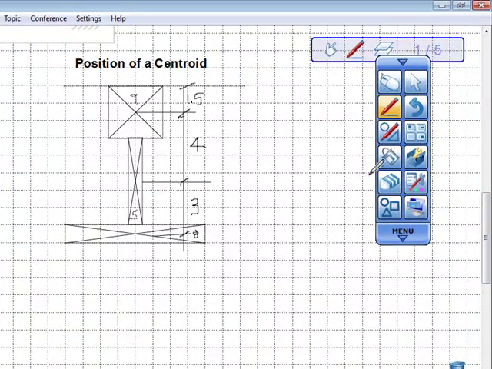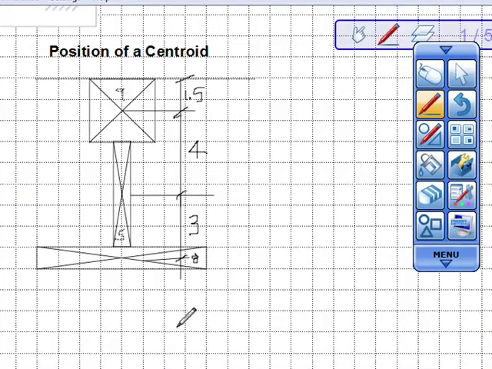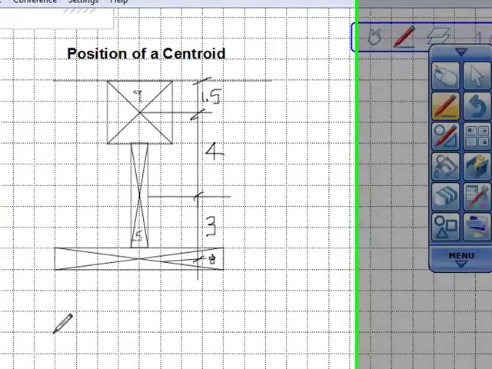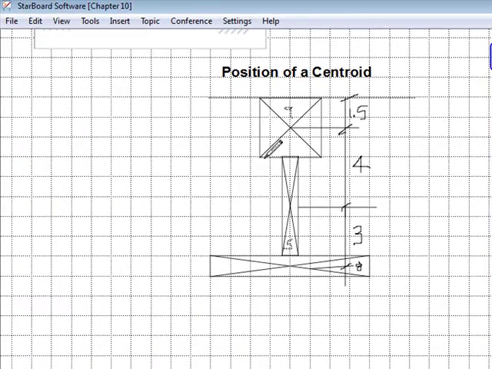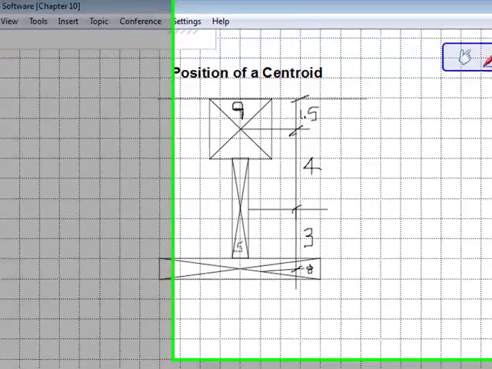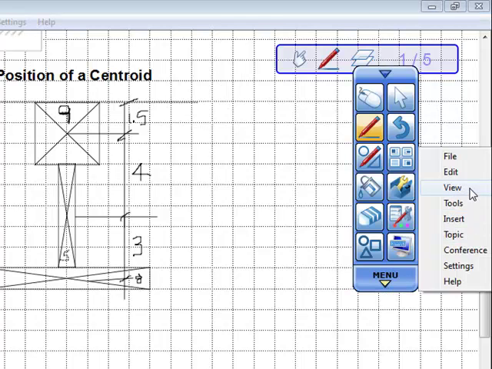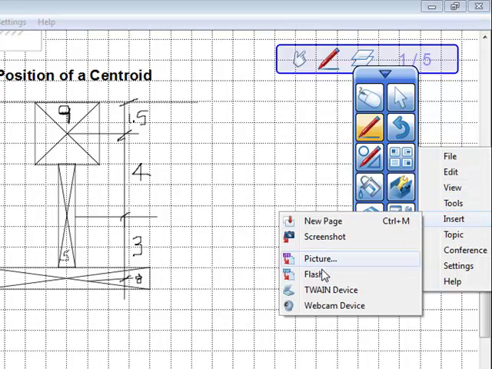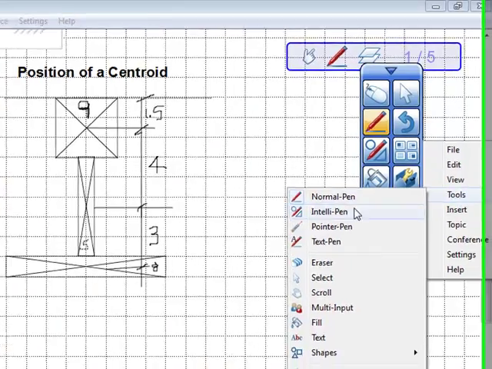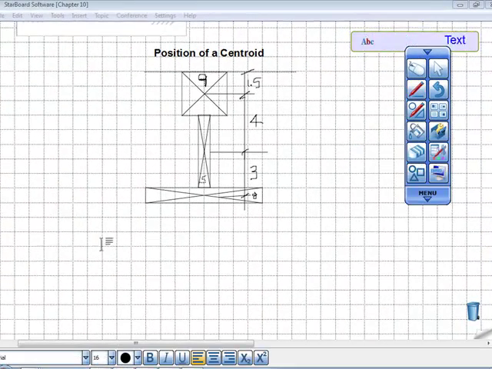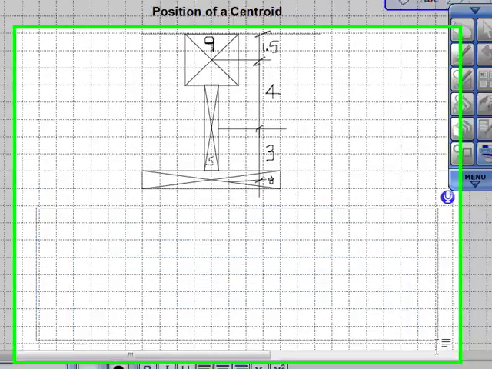So the way you do that is, you would say, this is 9 square inches. I wrote that there. And it's 1.5 inches. So you're going to have, let me write some text. Menu, tools, text.